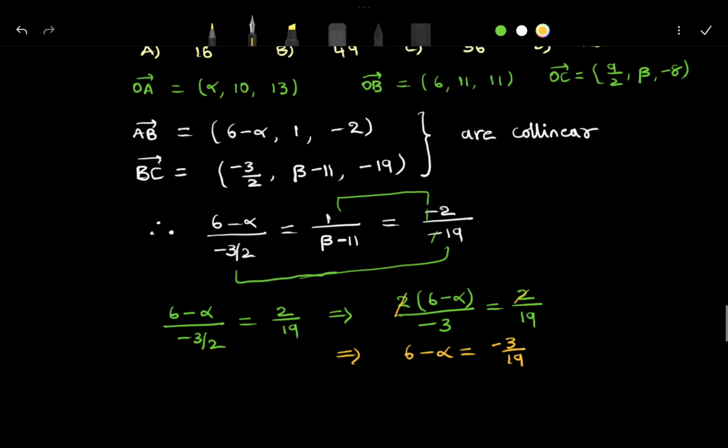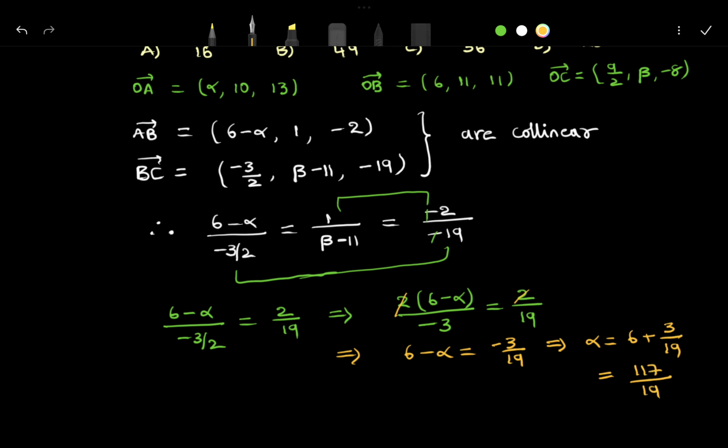So from this, alpha is equal to 6 plus 3 by 19. By calculating, alpha equals 117 by 19.